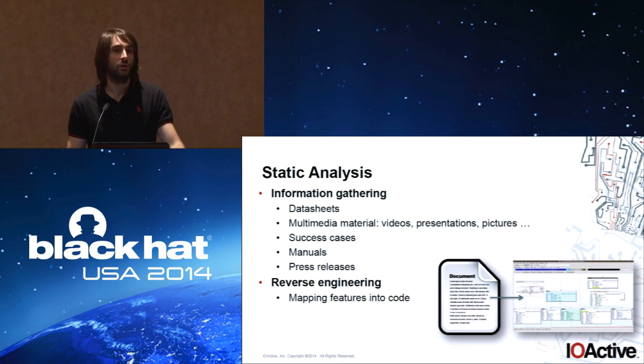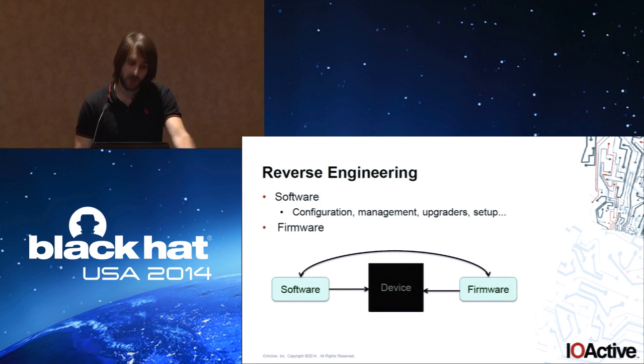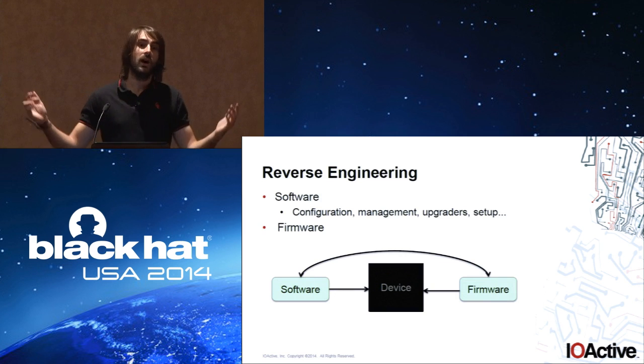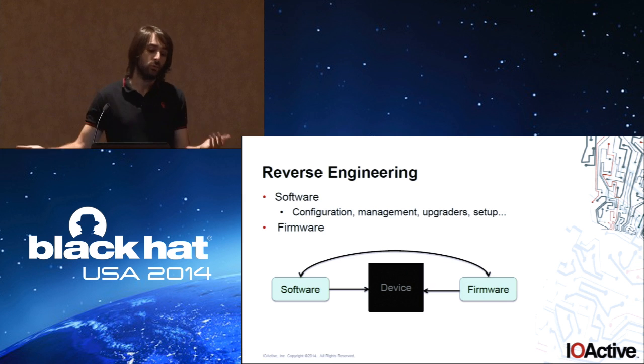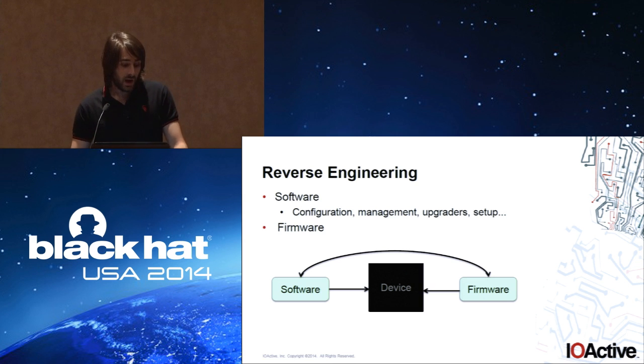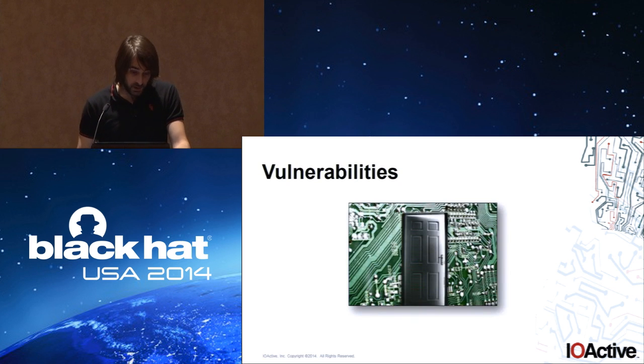I present a document from the vendor describing a feature, and then we'll see how that feature has actually been implemented in the firmware. For reverse engineering, we don't have access to the physical device, but we do have access to the firmware, and also to software, for example configuration software, management tools, upgraders, and that kind of thing.